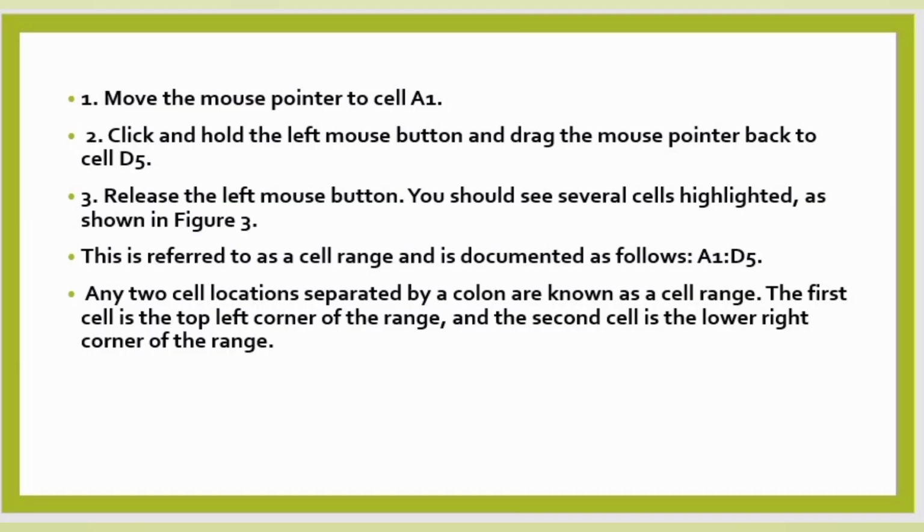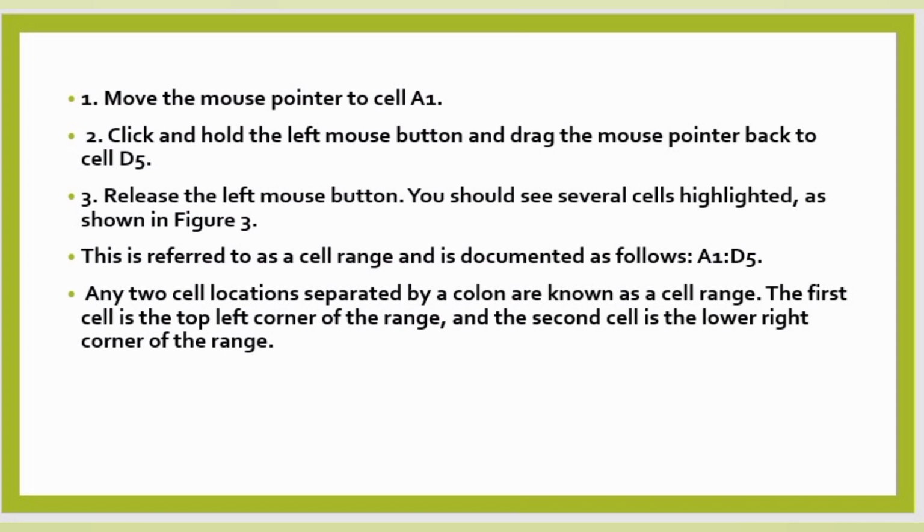Now, how to highlight multiple cells. I have to highlight from A1 to D5. First I put the mouse pointer on A1, meaning column A, row 1. Then click and hold the left mouse button and drag the mouse pointer to D5.